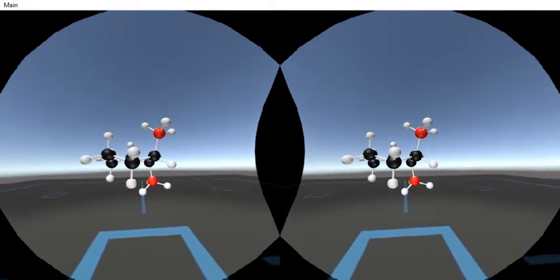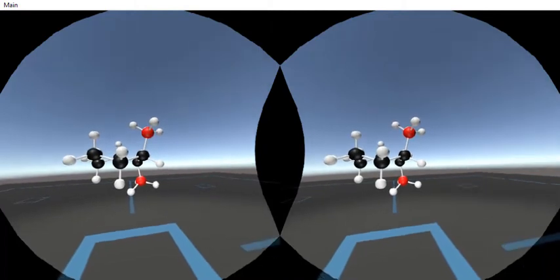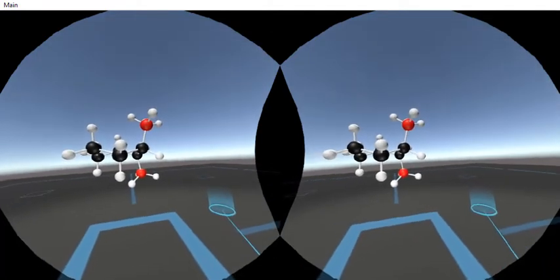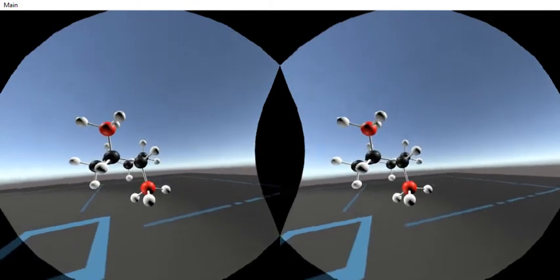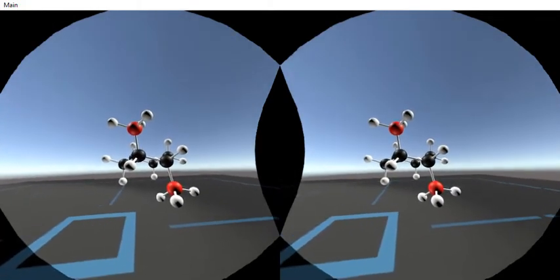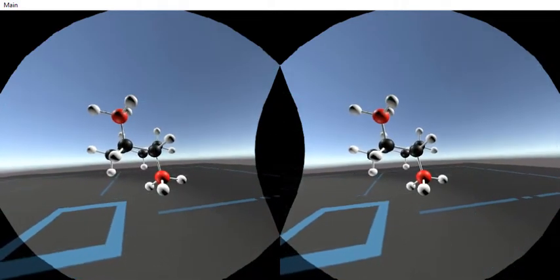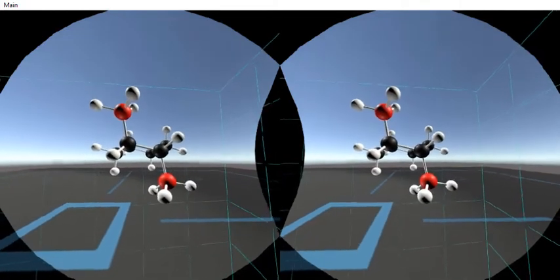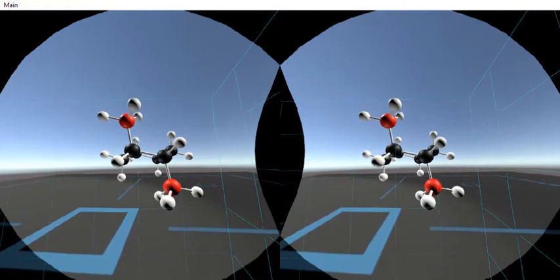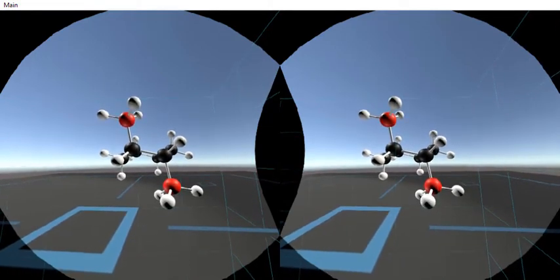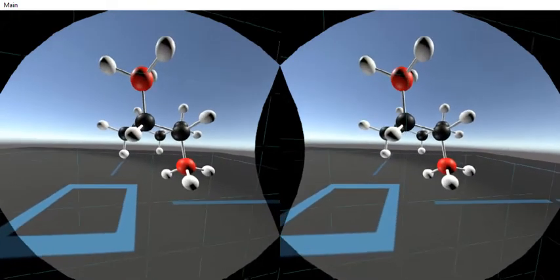Now here is the diaxial trans 1,2 dimethyl cyclohexane. And you can see that both of the methyl groups are now in which positions? They're in the axial positions. Now, do you see any evidence here that the molecule is unstable? And actually you do, because the methyl groups are not straight up and down in the axial positions.